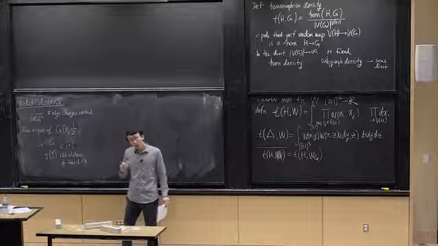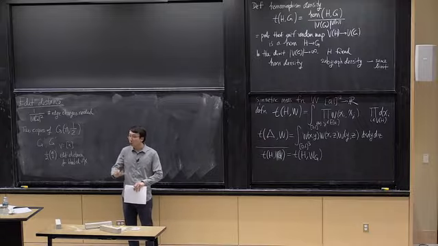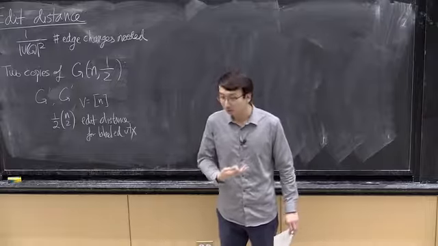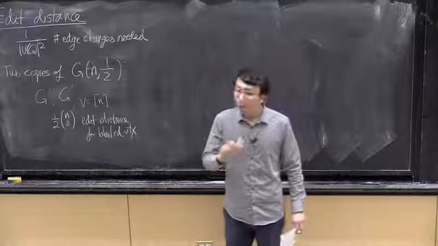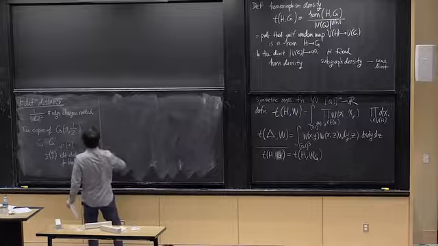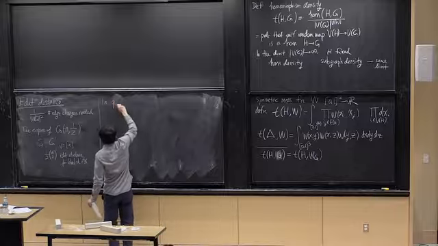I would like to come up with a notion of distance between graphs that is inspired by our discussion of quasi-randomness earlier. Think about quasi-random graphs.